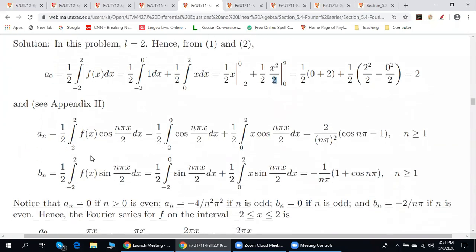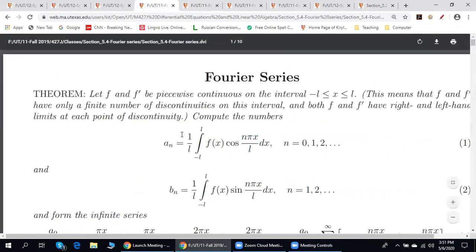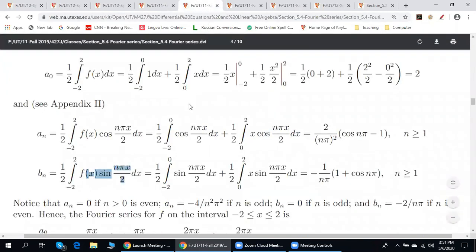Now, in order to find an and bn, where n is greater than or equal to 1, we apply these formulas, which are again taken from here. Next, as before, we split this integral into two pieces, and this integral into two pieces.